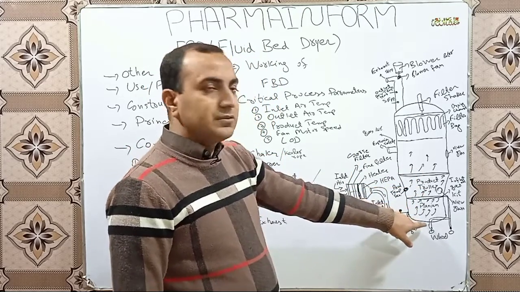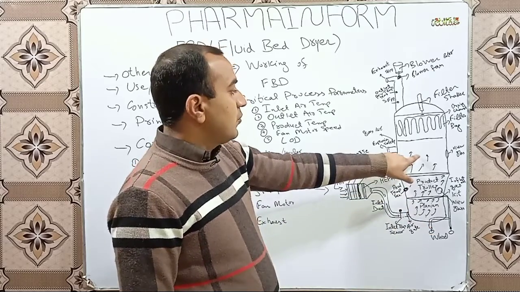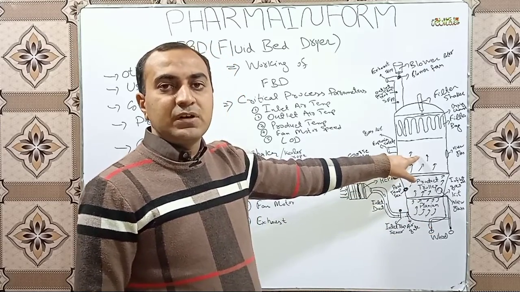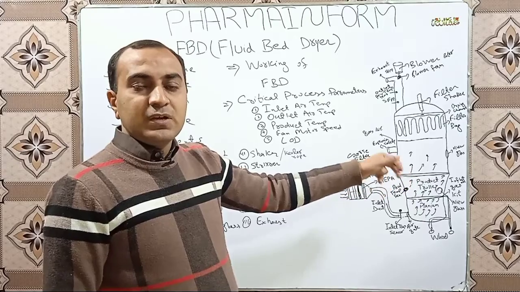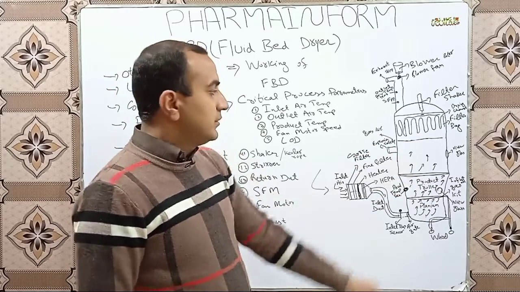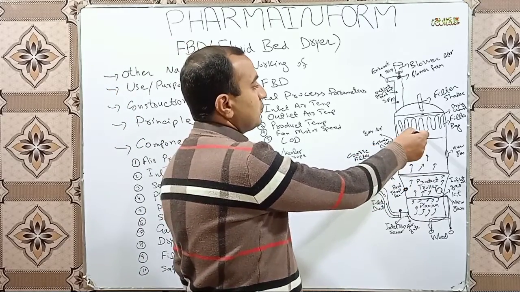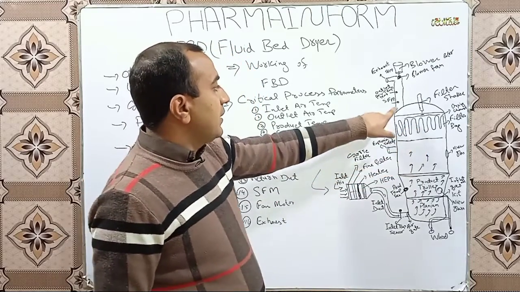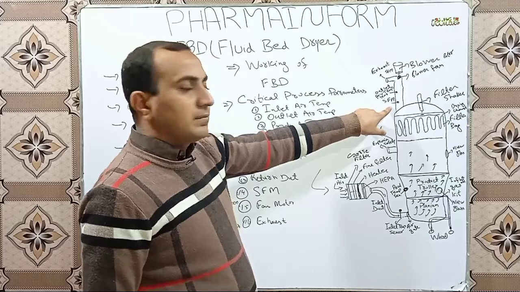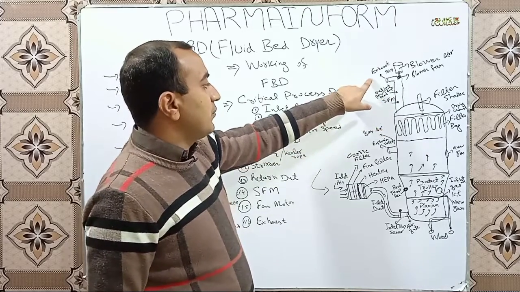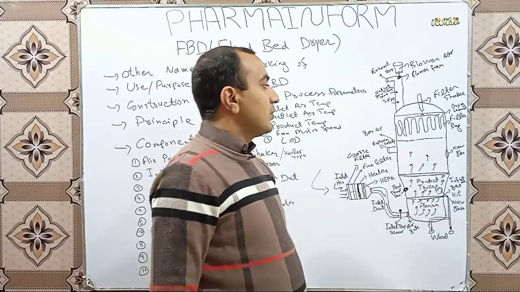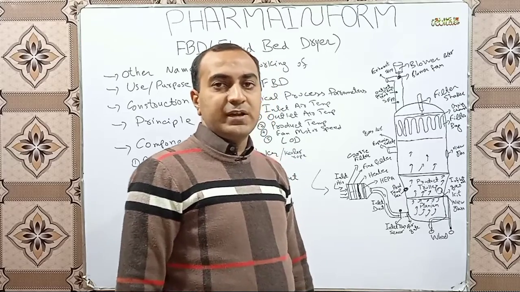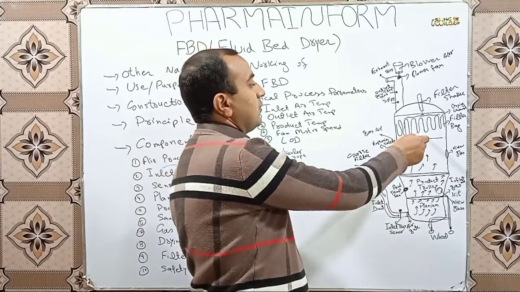As we know, this air is hot, so when this hot air comes in contact with the wet granules, it takes the moisture from the granules and passes through the FBD filters or finger filters, then comes into the return ducts and goes outside. One of the most important functions of filters is that they only allow air to pass.